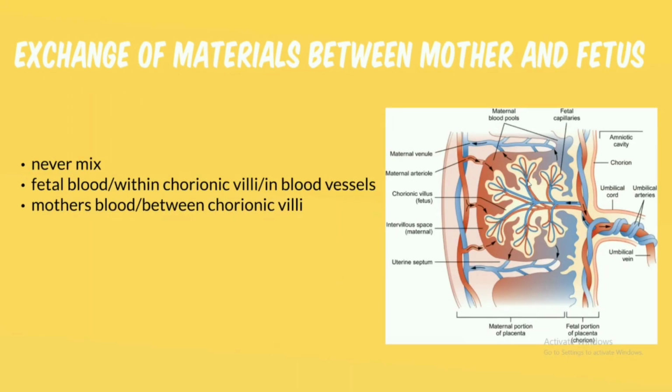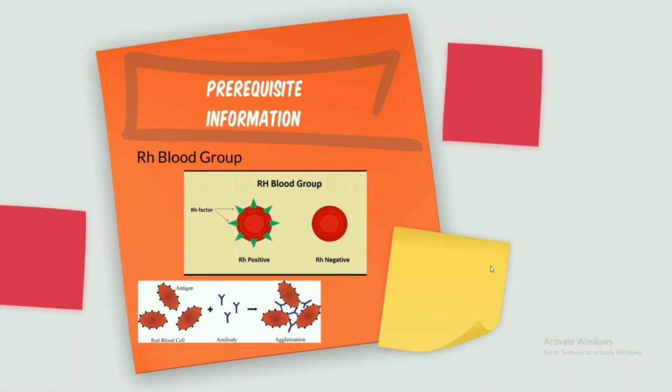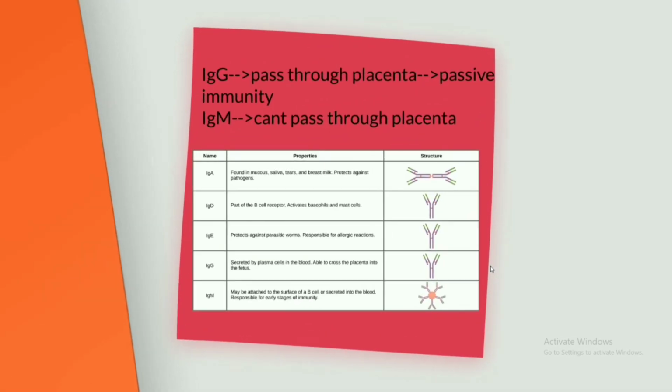Fetal blood flows within chorionic villi in blood vessels, and mother's blood flows between chorionic villi, as we can see in the picture. So fetal blood and mother's blood never mix with each other. IgG can pass through a placenta, so that can lead to passive immunity.